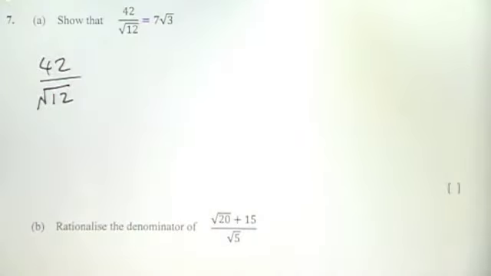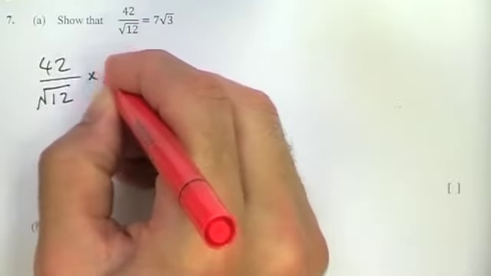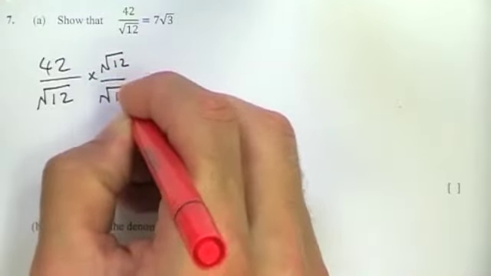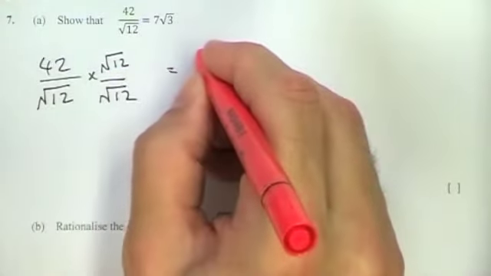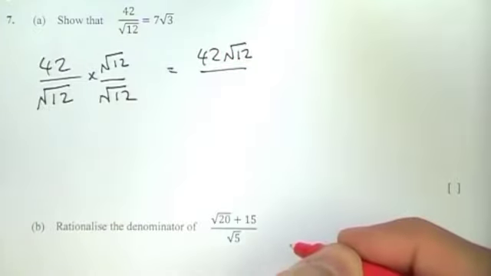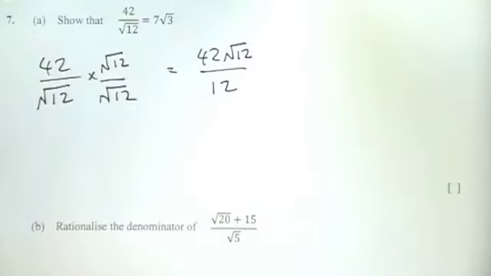So this is 42 over root 12. I multiply both the top and bottom by root 12. So at the top it gives me 42 root 12, and at the bottom it actually gives me 12. So I've now got rid of the surd in the denominator.